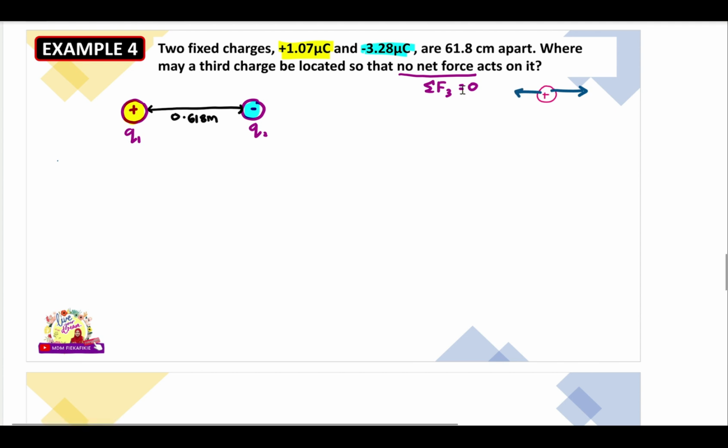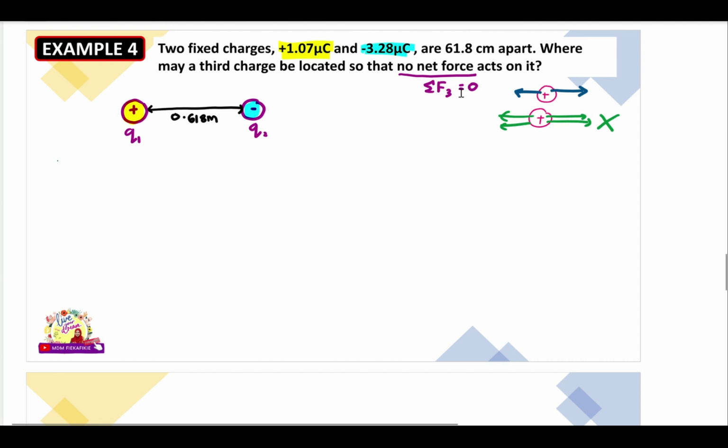Baru dia boleh jadi, net force dia boleh jadi 0. Okay. Dia tak boleh kalau you letak charge tu, bila kita lukis direction of all forces on that charge, dua-dua force ke sini ataupun dua-dua force ke kiri. Tak boleh. Ini tak boleh jadi kosong.